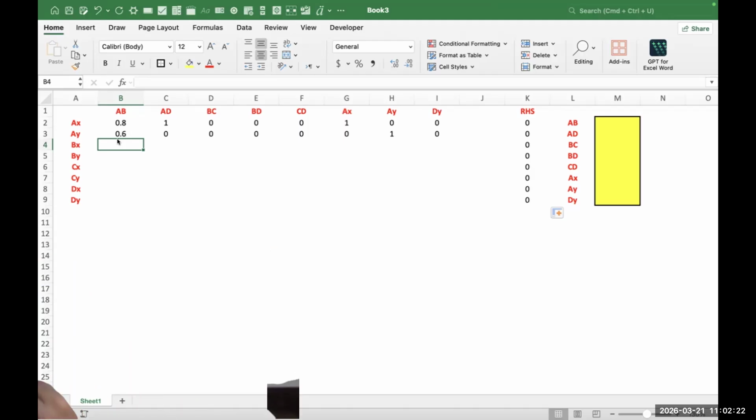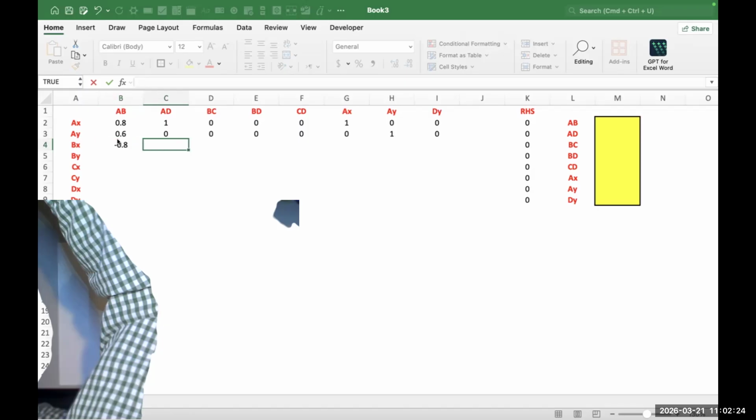AB, I have negative 0.8. AD is 0, only the members that have a B letter count. So this is 0. And then for the BC, it's the same as AB in the X. It's 4/5, which is 0.8. And then BD, it's positive 1.